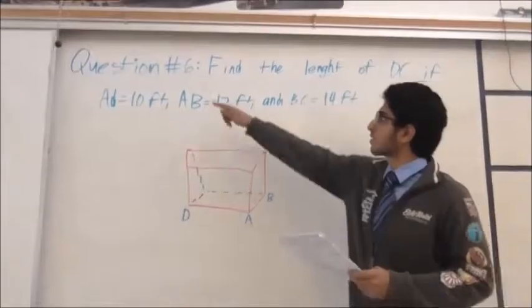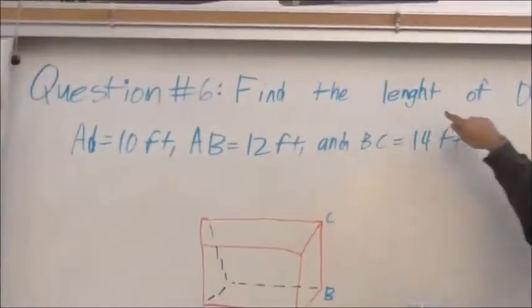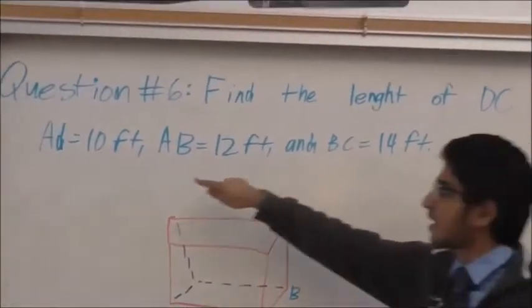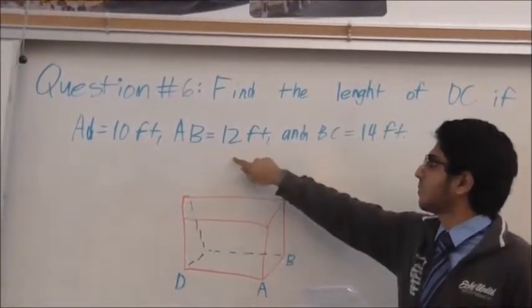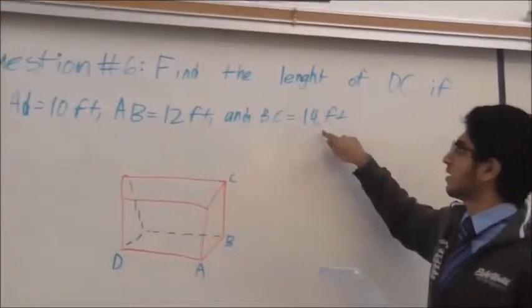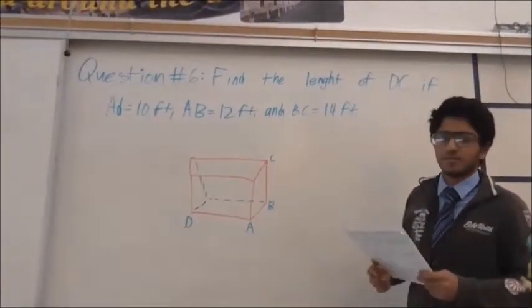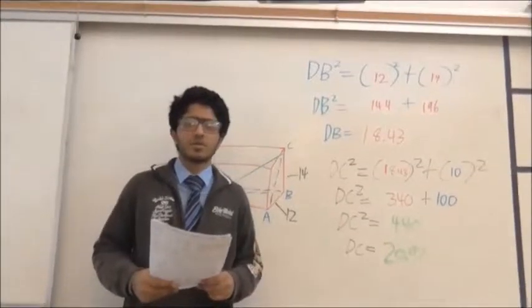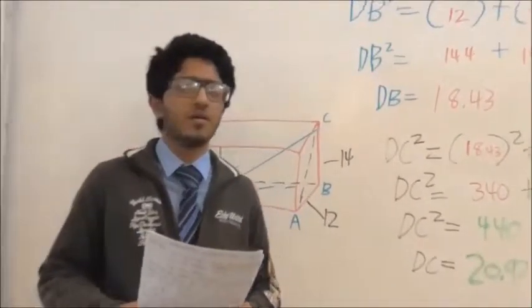For question number 6, we need to find the length of DC if AD equals 10 feet, AB equals 12 feet, and BC equals 14 feet. Class, we need to do 2 sets of Pythagorean theorems.